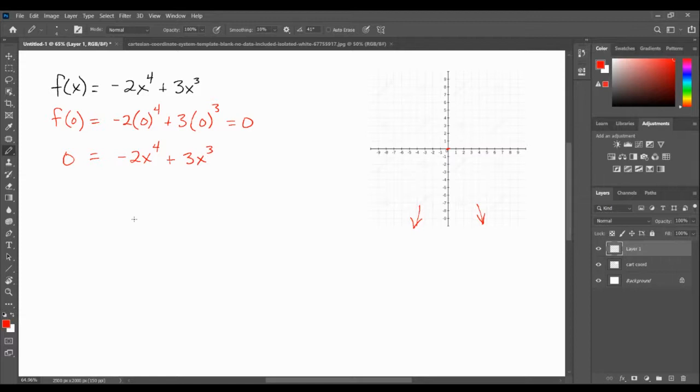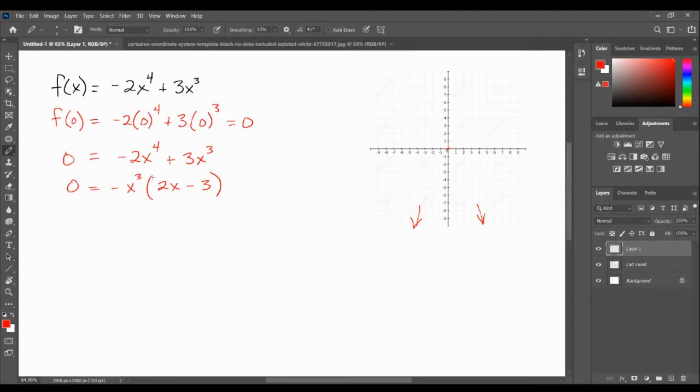Now, because each of these terms has x in it, I could potentially factor x out, and it looks like I can even factor x cubed out. I'm going to go ahead and factor negative x cubed, because I like my leading coefficient to be positive. So we get 2x minus 3, and that equals 0.